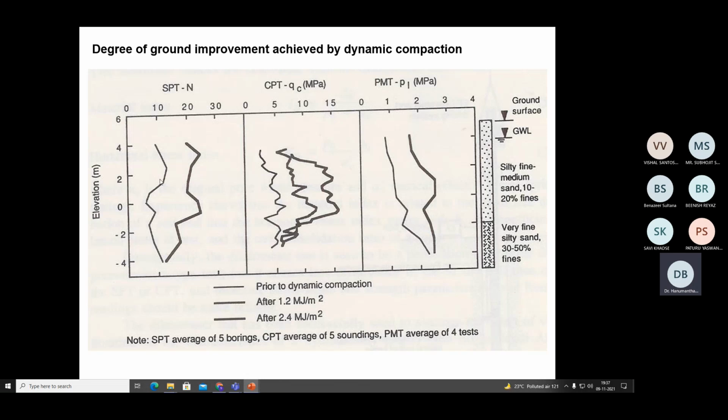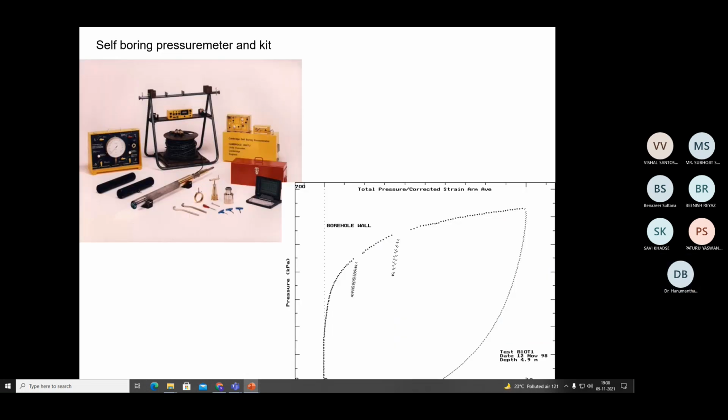The difference in these values clearly indicates that the entire site got densified. So this is how you will assess the degree of ground improvement or site improvement.